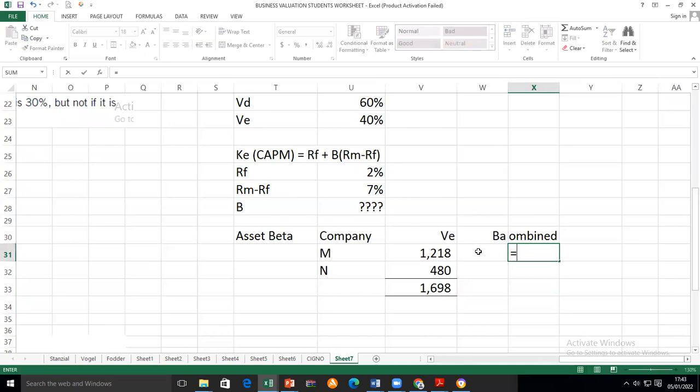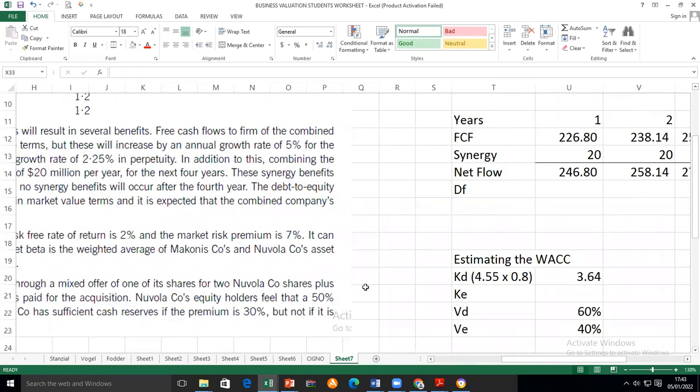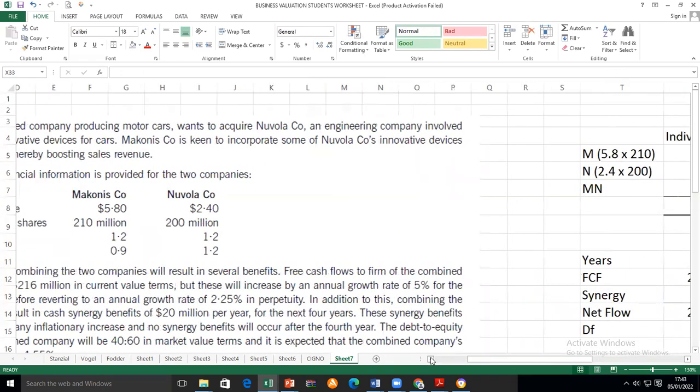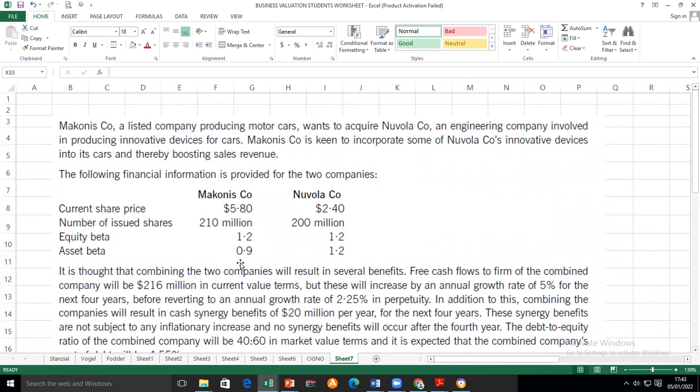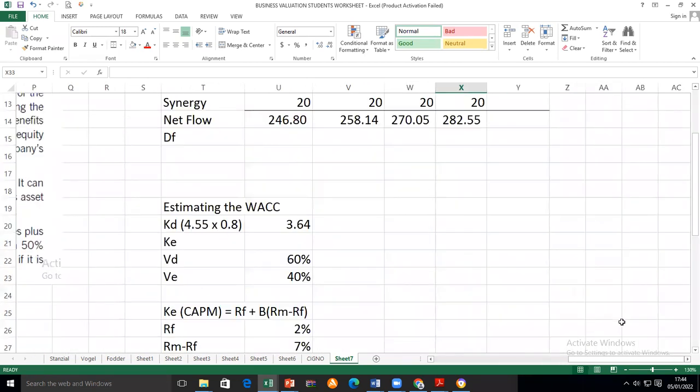You say equals this over that, multiplied by that, plus this over that, multiplied by that. Okay. So what is asset beta? Now, there's no need for us to ungear because they have been given asset betas. So the asset beta is here. That's what you need. 0.9 and 1.2.